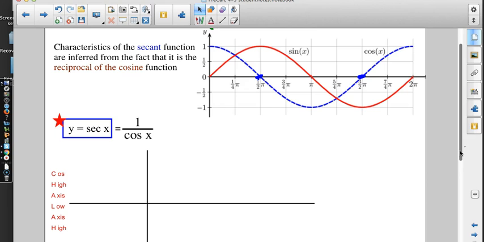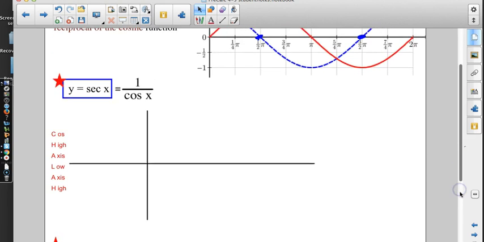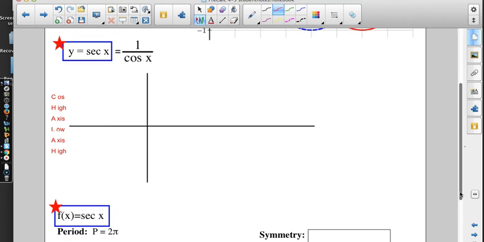So I'm going to go ahead and put some numbers on here that would make sense from what I know about cosine. And that would be using negative pi over 2, 0, pi over 2, pi, 3 pi over 2, and 2 pi. And then it was 1 and negative 1 for our parent function for this.